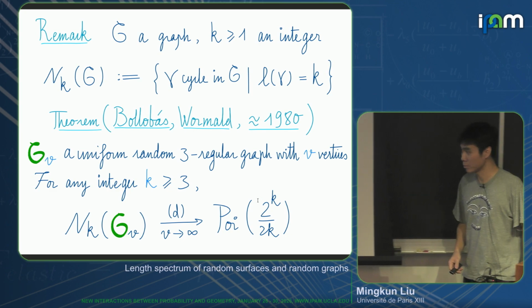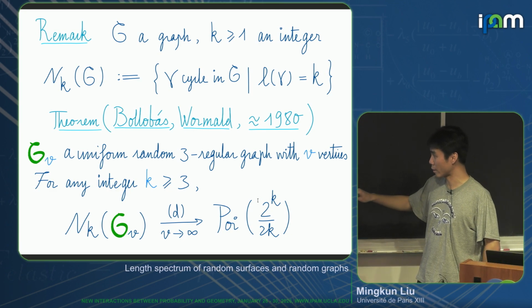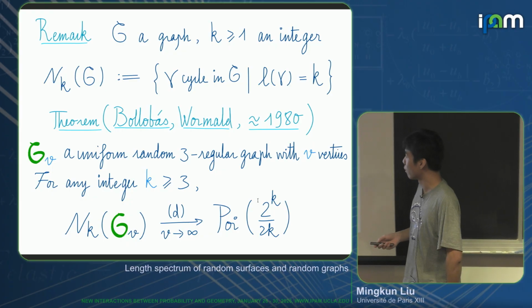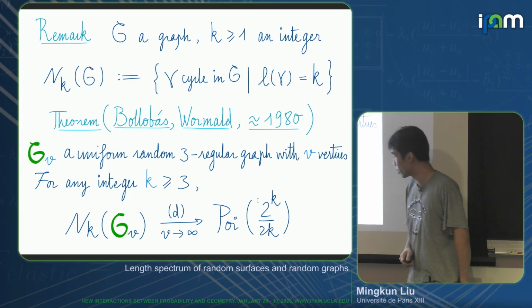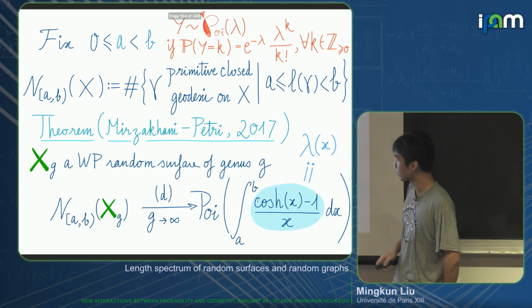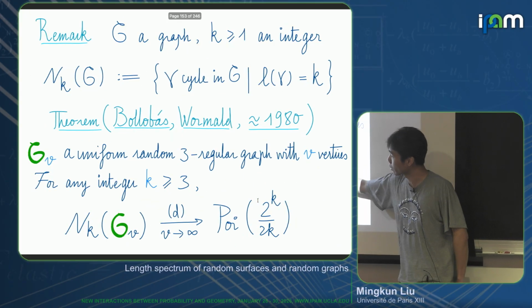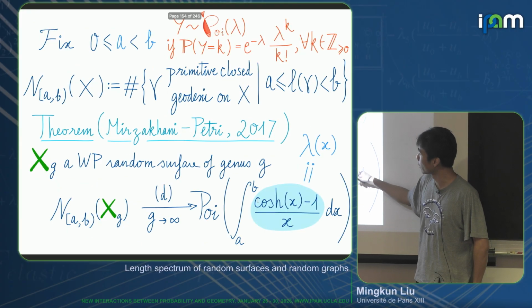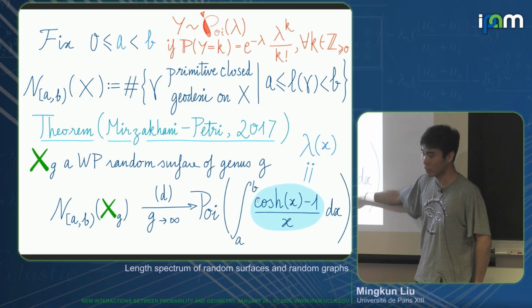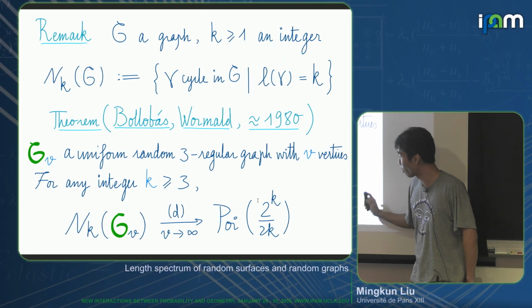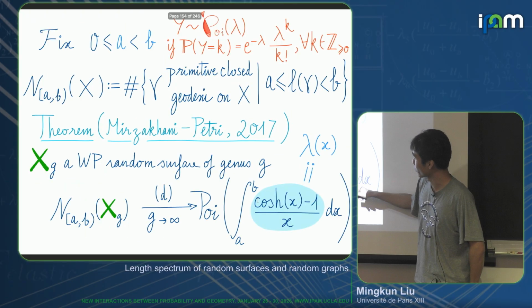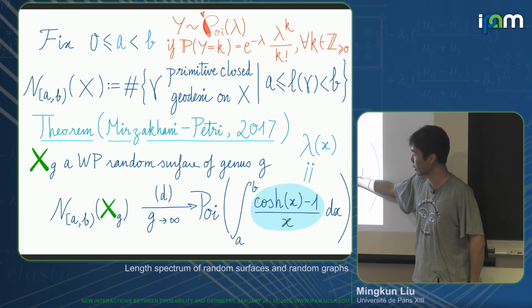And so here you see this is almost exactly the phenomenon. You get a Poisson variable, and even for the mean, the average value, the structure is very similar to here. It's something exponential divided by something linear. Here it is exponential, and here it is also exponential divided by linear. And you can also recover this 2, because here it is cosh, so it's exponential of x divided by 2.